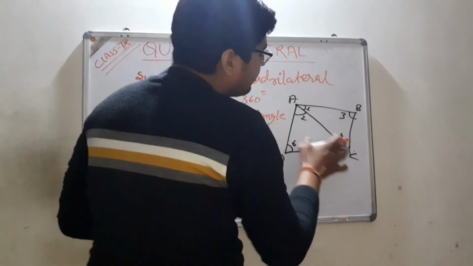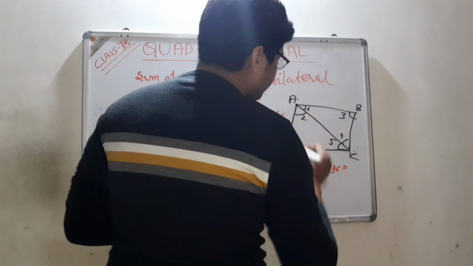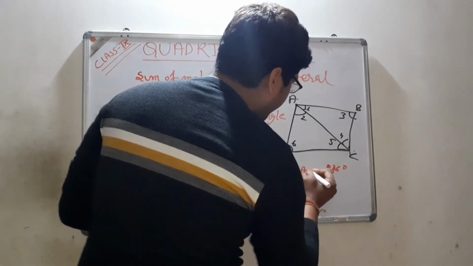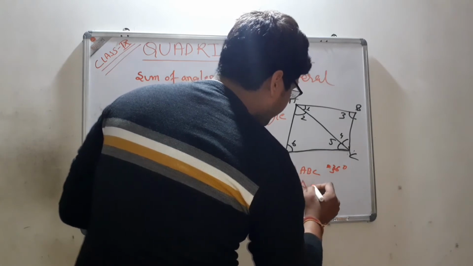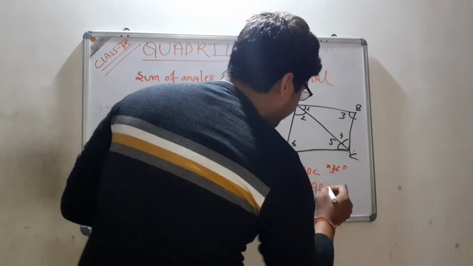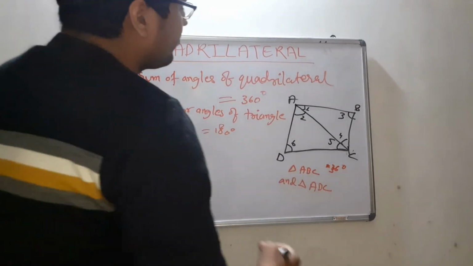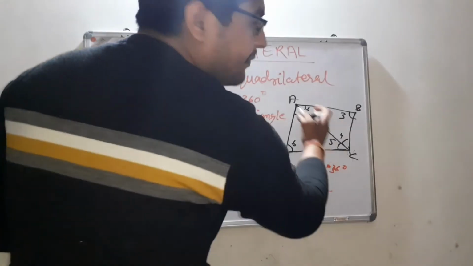We have two triangles, triangle ABC and triangle ADC.